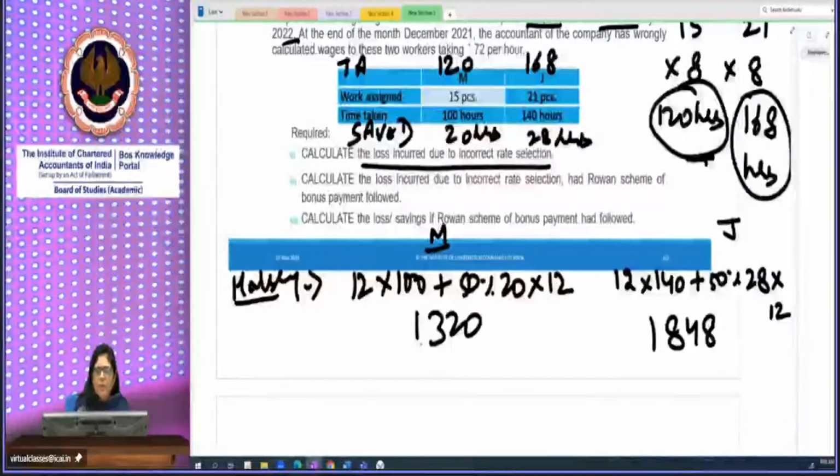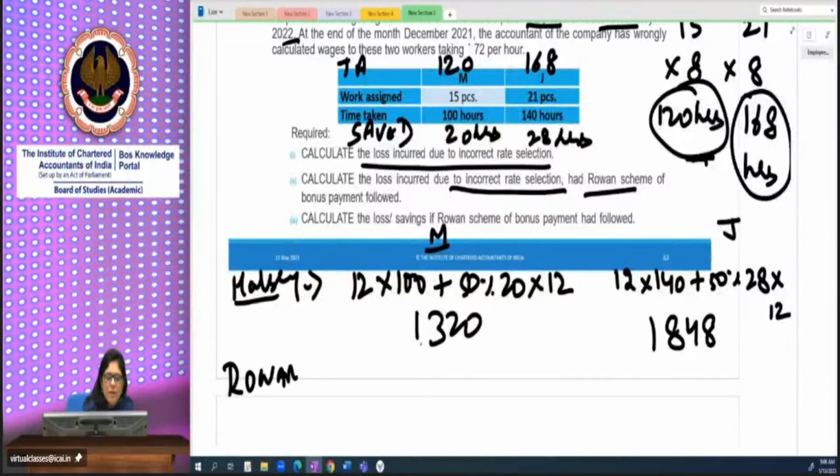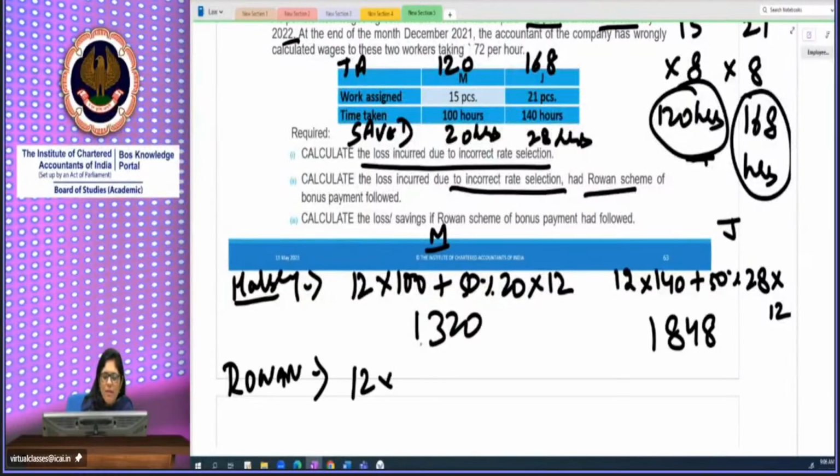Now calculate the loss incurred due to incorrect rate selection had Rowan scheme been applied. So had Rowan scheme been applied, then calculate what is the loss. So now try under Rowan and take the same 12 into 100 plus, follow the Rowan system now. Time saved by time allowed into 12 into 100.